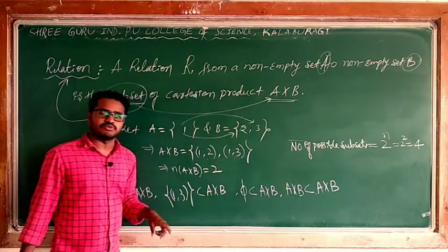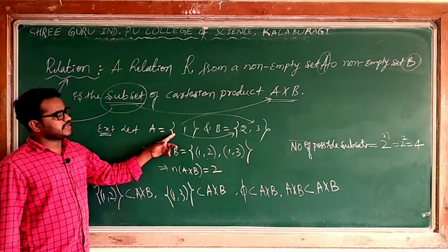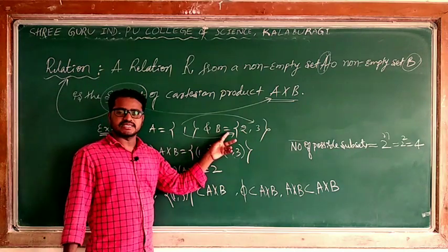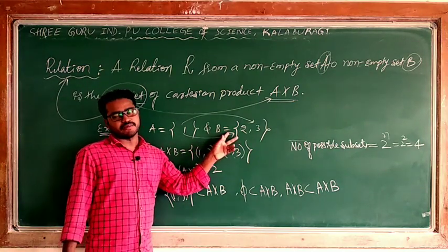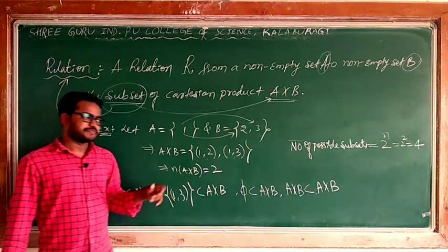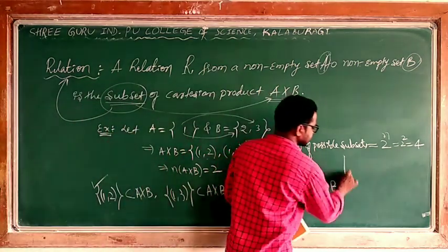In the case of relations, if A has m elements and B has n elements, the number of relations is equal to 2 to the power m n. Here is the note.